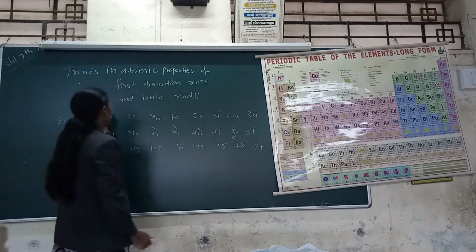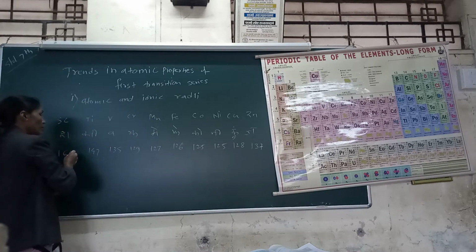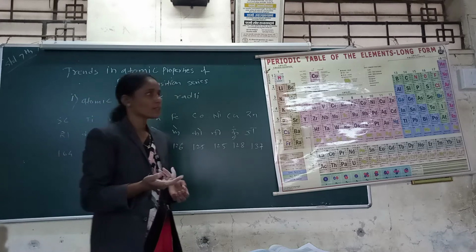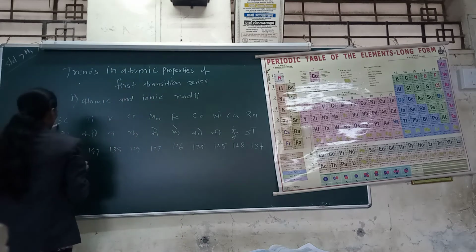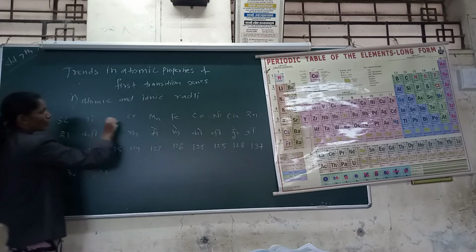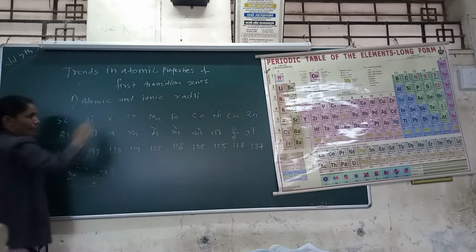Here the atomic radius decreases from scandium to zinc because the number of shells does not increase. The same shell is present; the configuration is 3d 1 to 10 and 4s 1 to 2, so every element has the same last orbitals, 3d and 4s. A new shell does not enter in the respective elements.